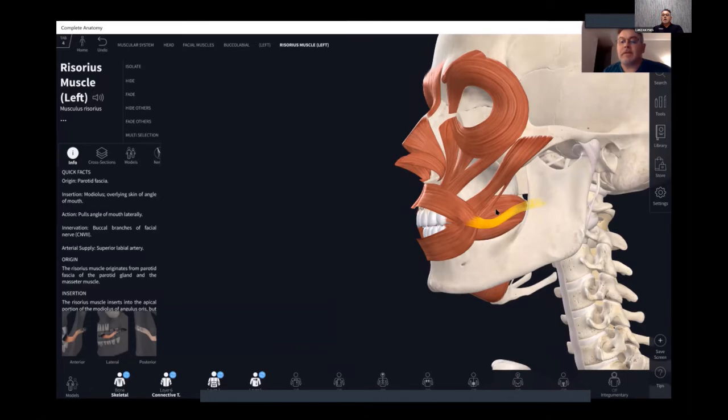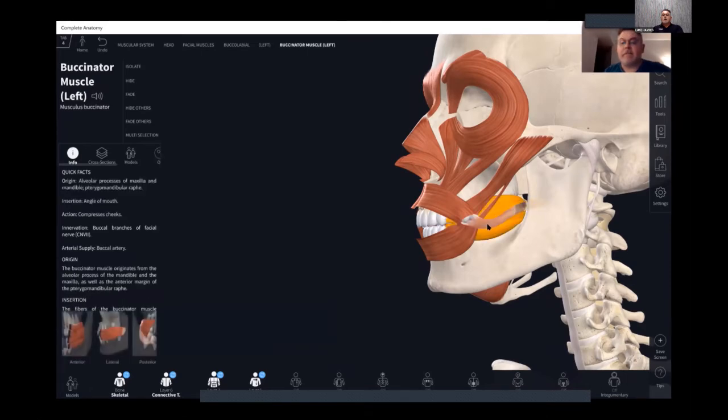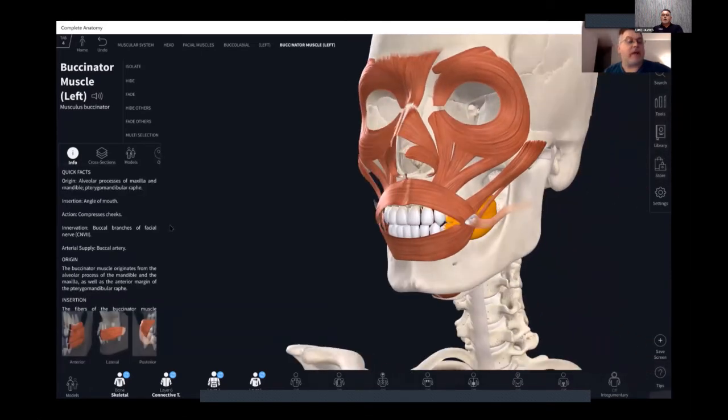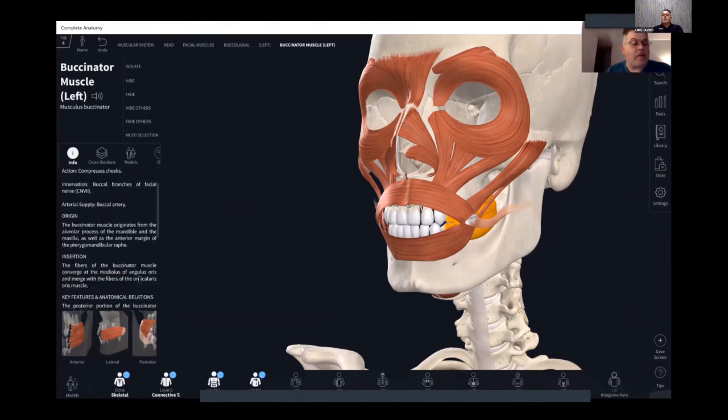We look a little bit deeper, we'll get to the buccinator. And the buccinator, its origin is the alveolar process of the maxilla and the mandible and the pterygomandibular raphe. It inserts into the angle of the mouth right here, and its action is it compresses the cheeks against the teeth.